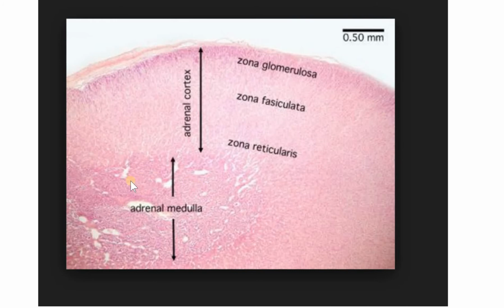Now once we get to the inside, this is all adrenal medulla. Okay, now on the blank sheet, we're going to draw this out and then explain what each layer is going to do for us. Okay, as we draw this out, try to draw it as close to the way I'm drawing it as you can.